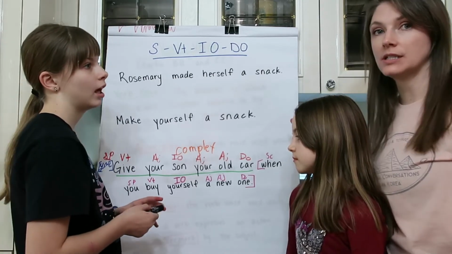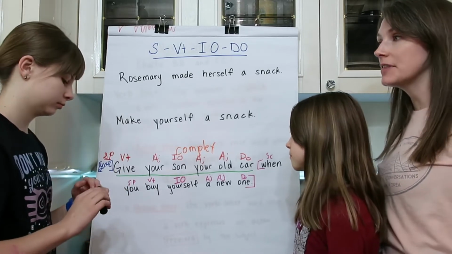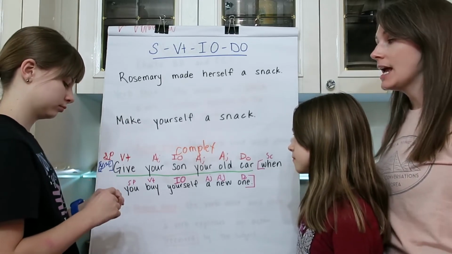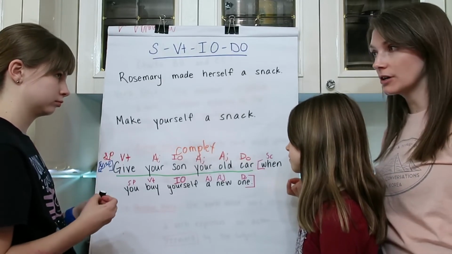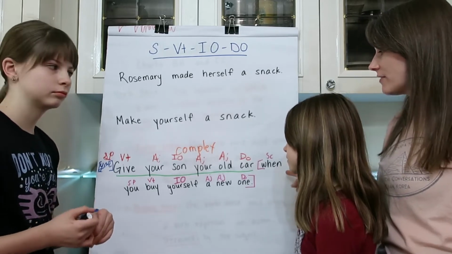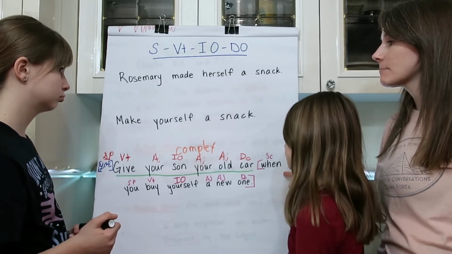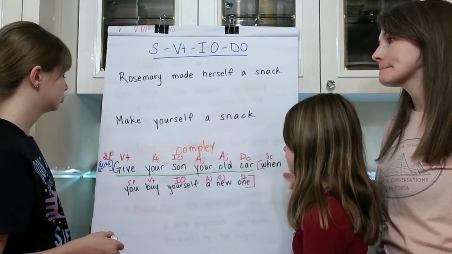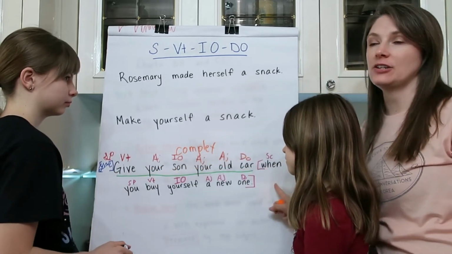The two options are adjectival, which describes something and usually starts with who or which, and adverbial, which usually modifies a verb and begins with one of our www.asia words. So what verb are we modifying when you buy yourself a new one? Give. Yes. When do you give? When you buy yourself a new one.